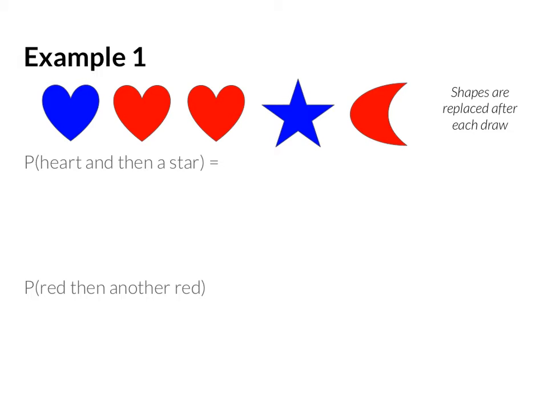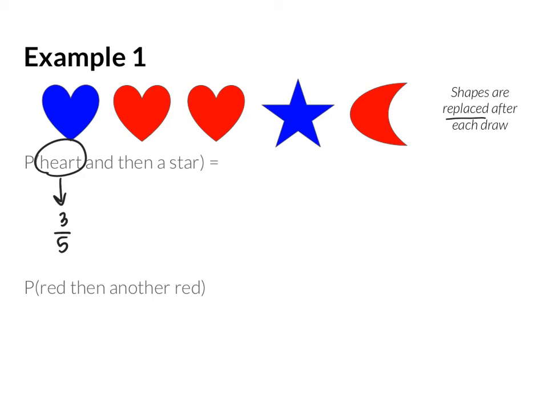So for the first one, I have the probability of a heart and then a star. The probability of drawing a heart is 3 out of 5. And since the shapes are replaced after each draw, that doesn't affect my probability the next time. So my shapes are all reset.